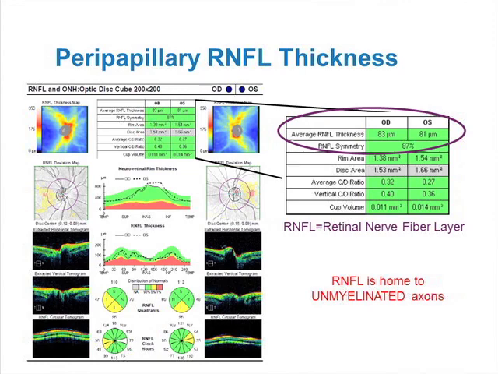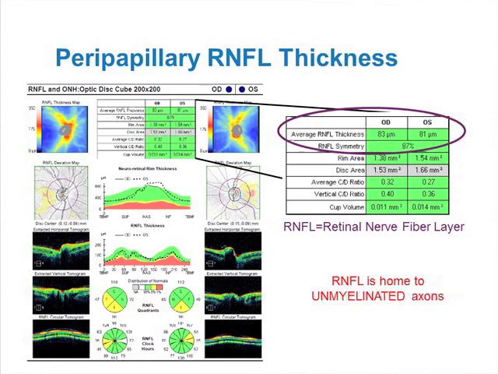If we take that circle and take the average retinal nerve fiber layer around that circle, in this patient in the right eye it's 83 microns, and in the left eye 81 microns. And overall those numbers are colored green on the report, and that tells the reader that compared to a normative internal database, this patient's average RNFL thickness is normal.